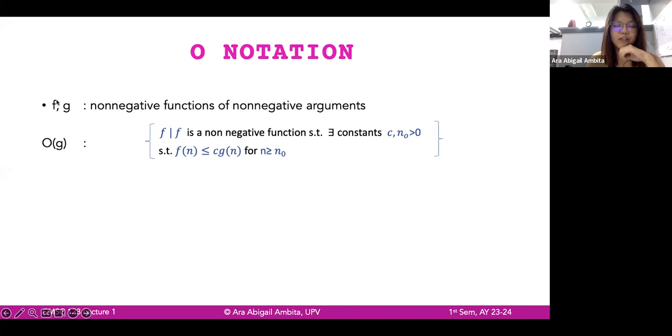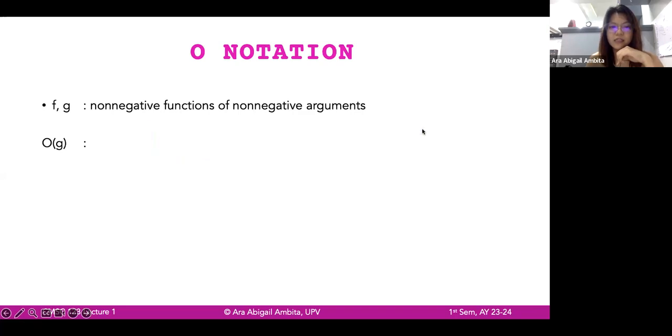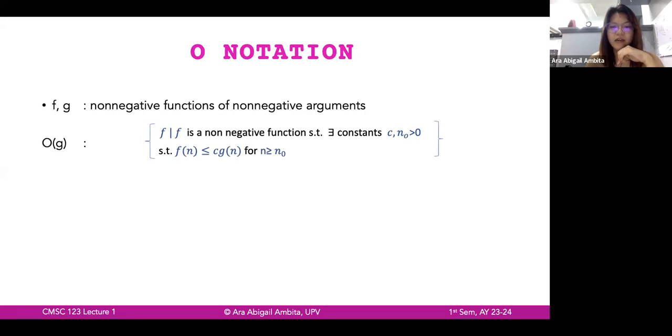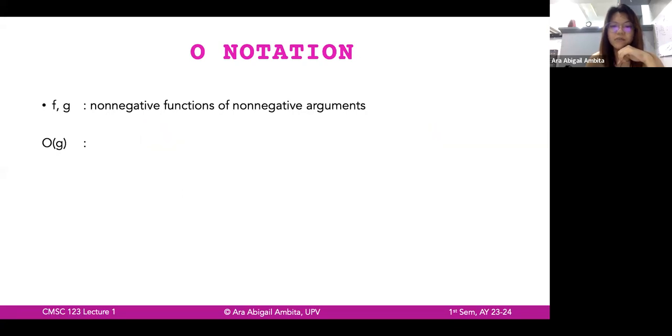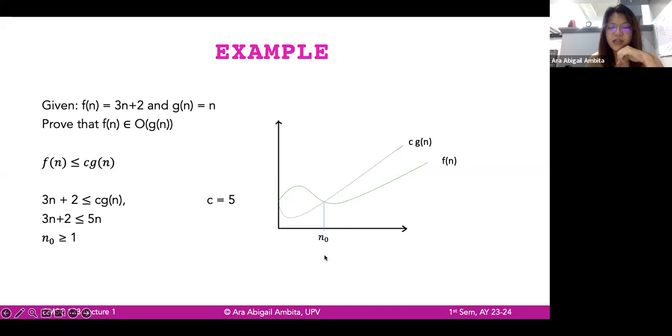So we have two functions, f and g, and they are non-negative functions having non-negative arguments. So O of g is a set of functions such that f is a non-negative function such that for some constants c and n naught, they are all greater than 0. Again, where does n naught come from? n naught is, as you can see here, after some input n naught.